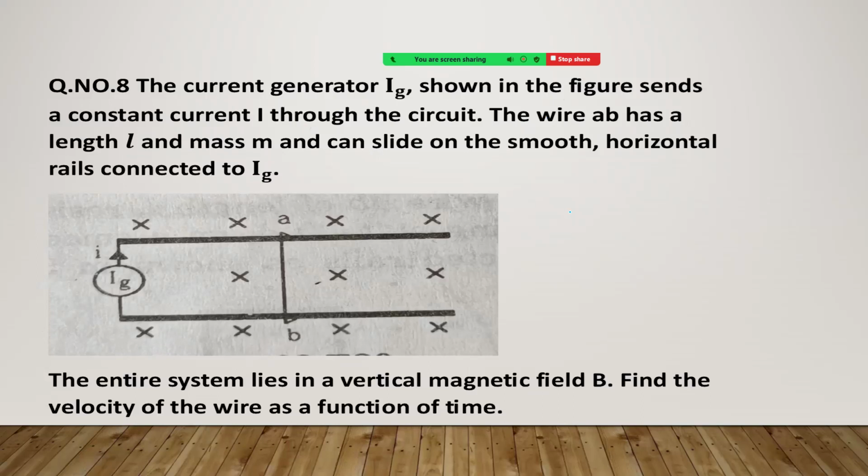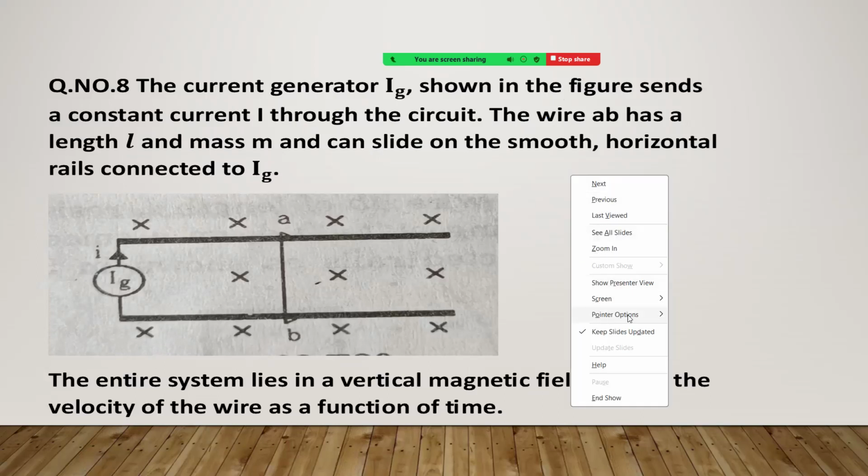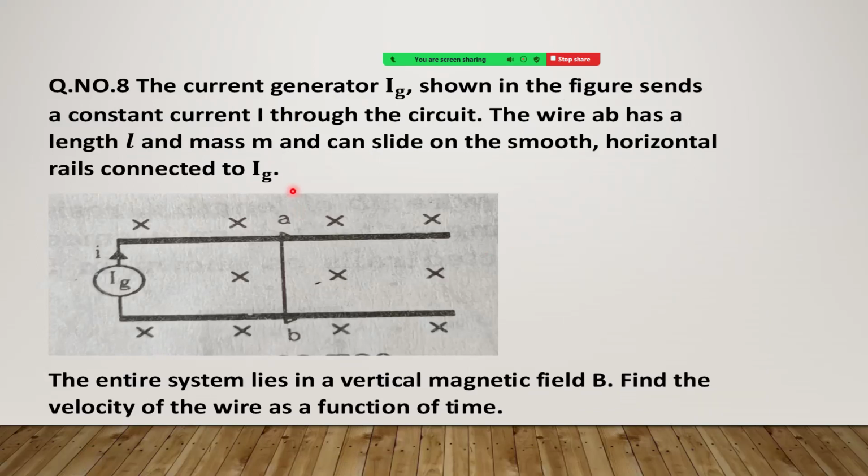Let us see the next one. Let's see the question given. The current generator shown in the figure sends a constant current I through the circuit.